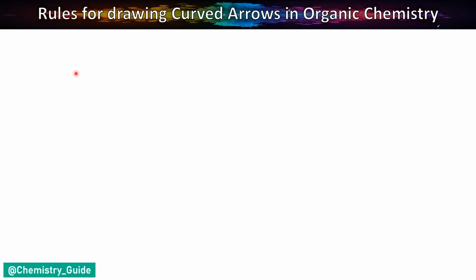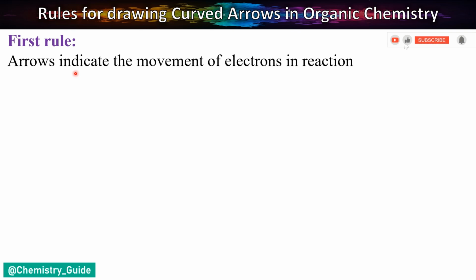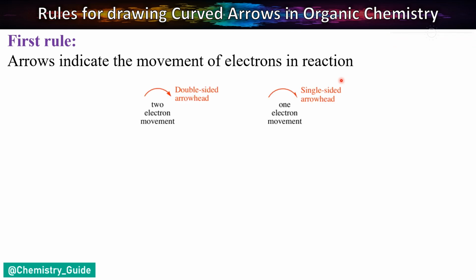So let us start with the first rule. The first rule is that the arrow indicates the movement of electrons in a reaction. To show the arrow in organic chemistry, two types of arrow are used. The first one is the double-sided arrow and the second one is the single-sided arrow.